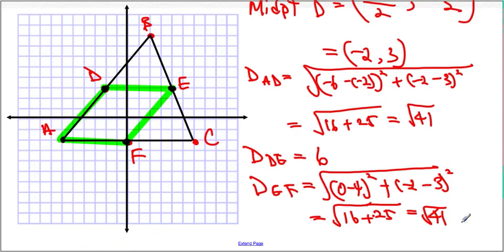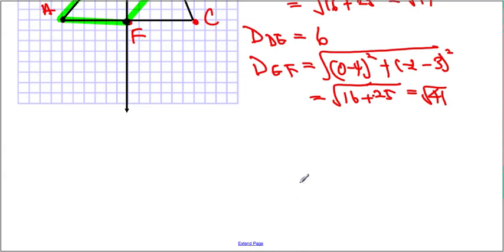Now, interestingly, just like before, the distance AF will still be equal to 6, because when you count the boxes, we have 6 boxes.